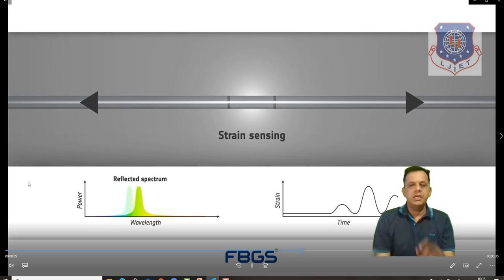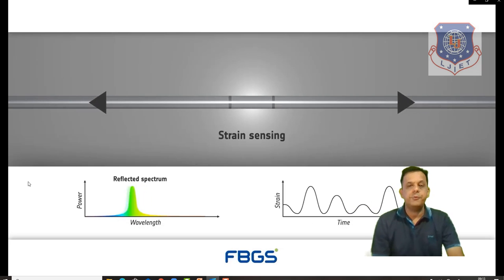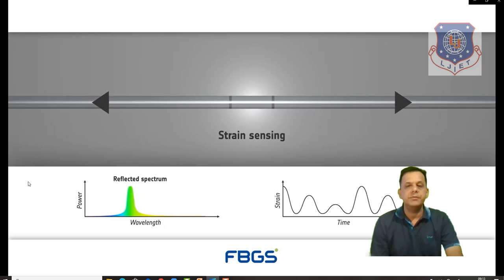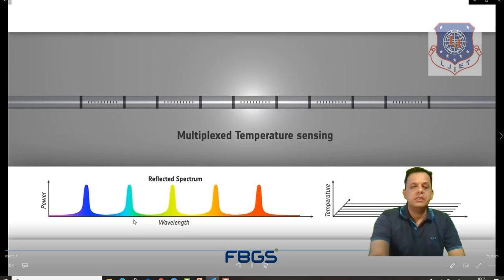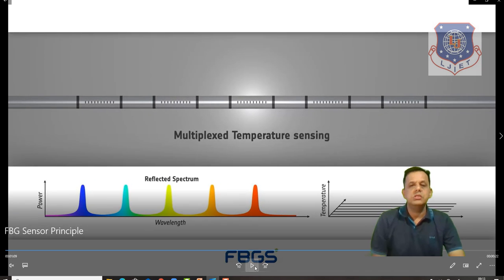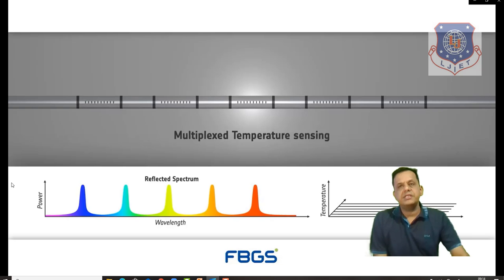Now you observe the position of the reflected spectrum, which is moving with respect to application of strain. Very well you can observe here. And strain with respect to time, you see dynamic measurement is possible here. I am repeating the word dynamic measurement, so you have to be very clear about when to use static and dynamic. Another parameter you can use: we are talking about stress and strain, but we can also have a temperature sensing element here.